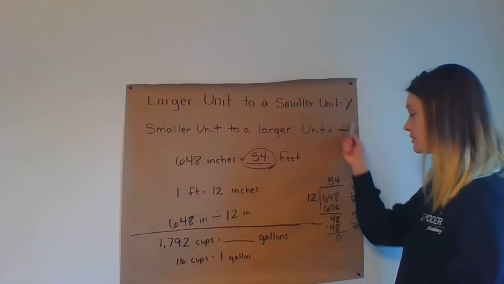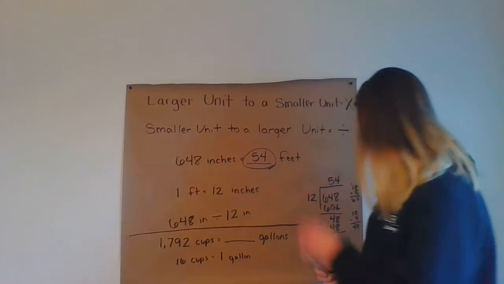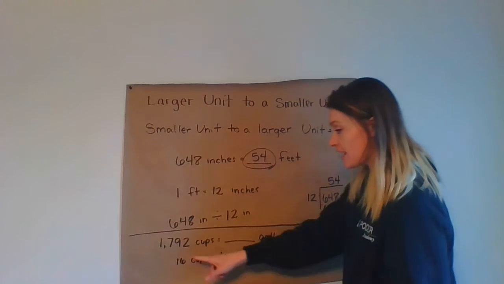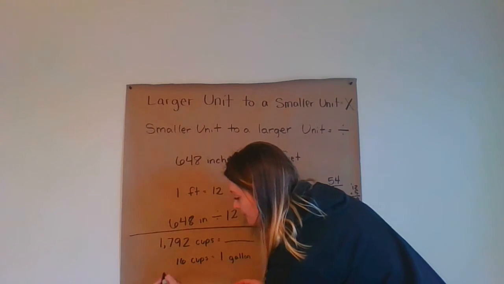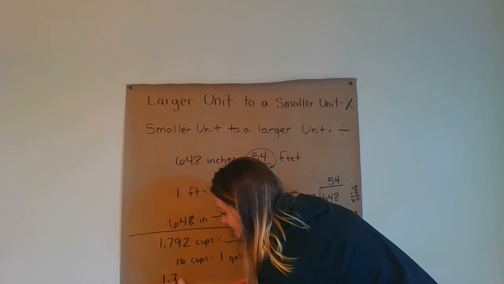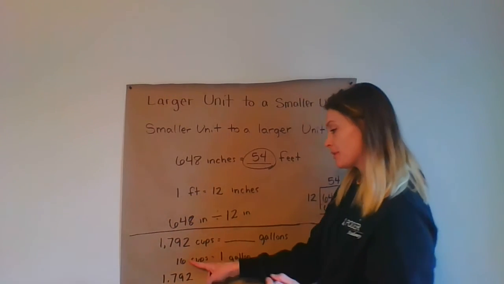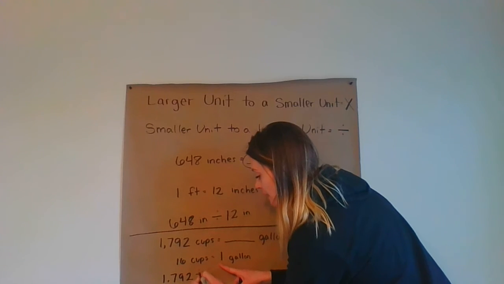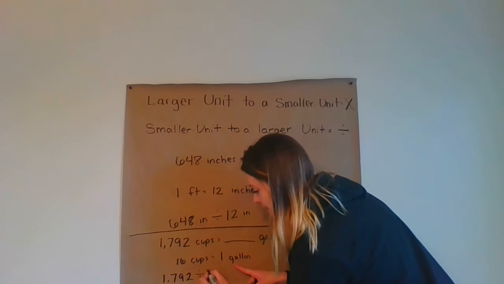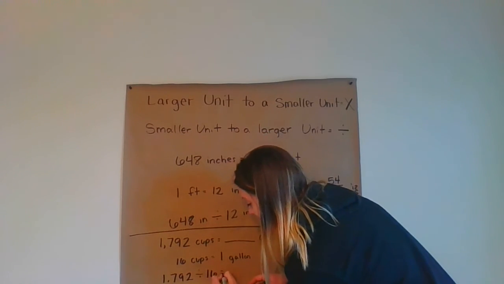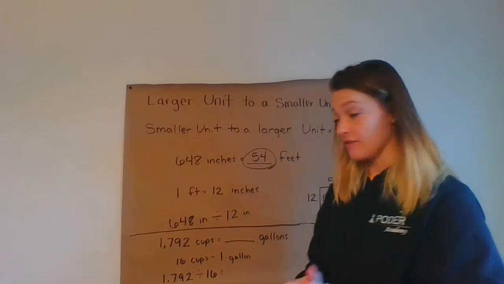What do I have to do? I have to divide, okay? I have to divide the number of cups that I have by the number of cups in 1 gallon. And that is going to give me how many gallons I have, okay?